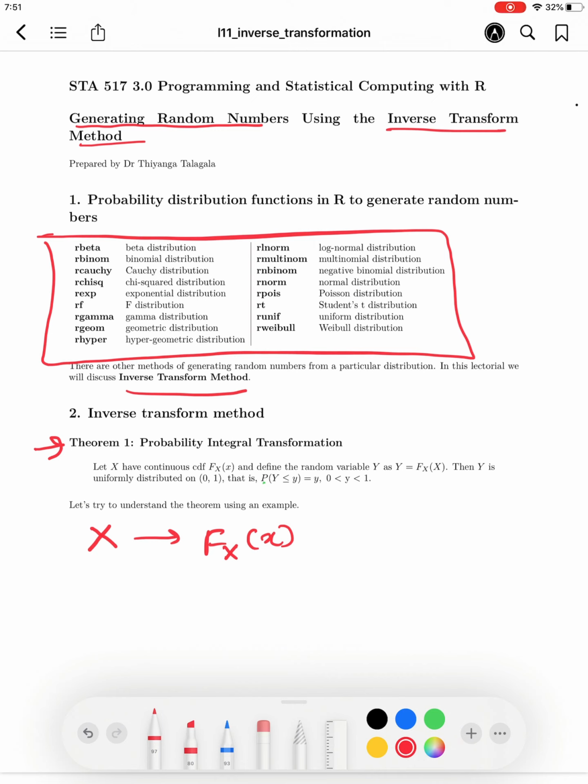Based on this cumulative distribution function, we create a new random variable called Y. Now it's a random variable, so instead of simple x, we substitute all simple x's in this formula using capital X. The theorem says this new random variable capital Y follows a uniform distribution with parameters 0 and 1.